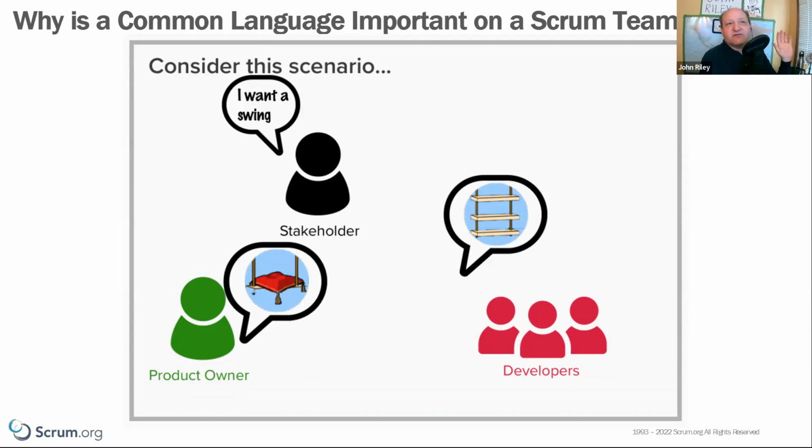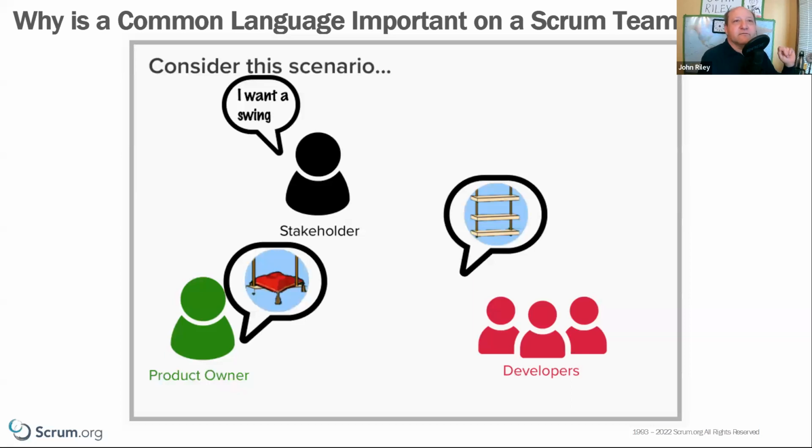So now the product owner comes over and starts communicating that to the developers. Developers then say, "Okay, well, we'll build this thing that has 3 seats on it." So here's what we got. We got this overcomplicated thing where the stakeholder is going to have many more bonuses with his swing.